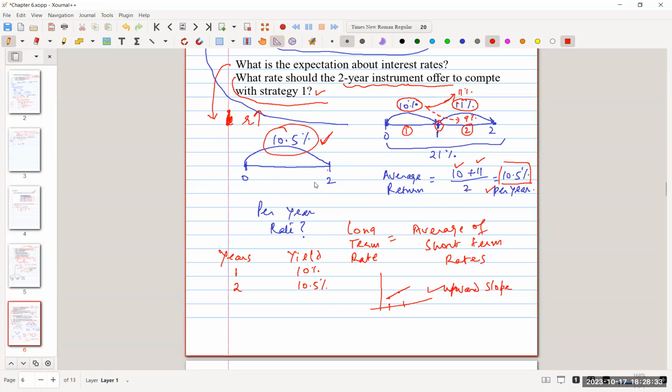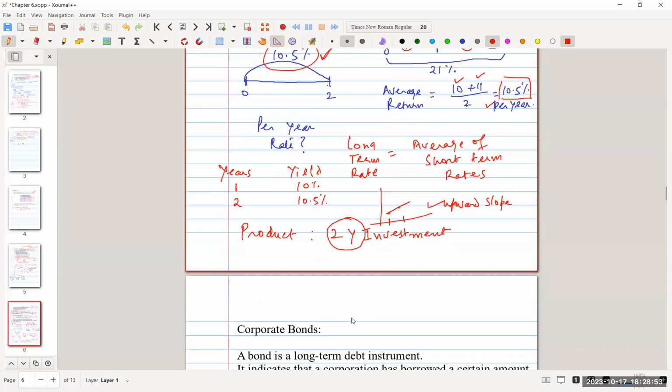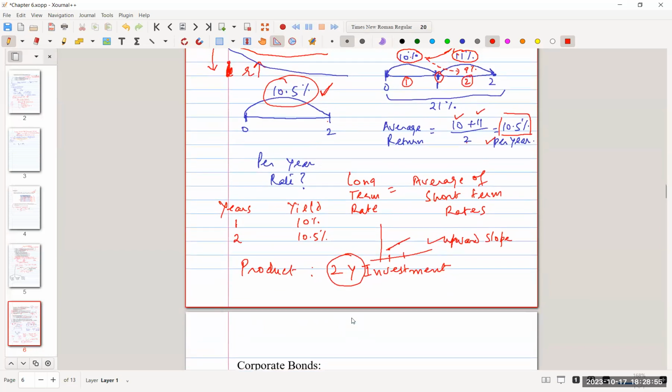So if the product is the same, what is the product? What is the item that is under the microscope? The product is a 2-year investment. How can the same product have two different prices? It shouldn't. If my potatoes cost me $5 a pound or $10 a pound, whatever, in Tuna Puna market, then they should cost me the same thing in the Makoya farmers market too.